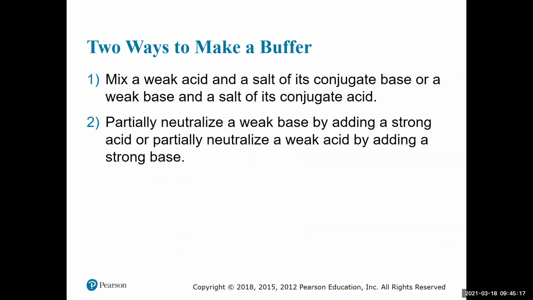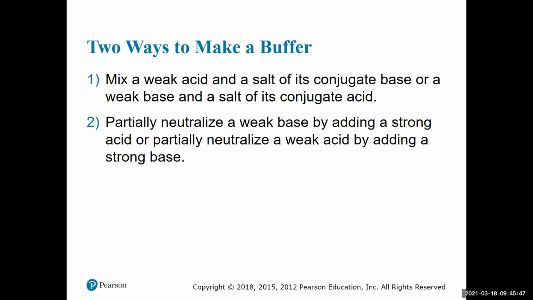There's two ways you can make a buffer. One is you can take a weak acid and then take the salt of its conjugate base. So in other words, using our acetic acid example again, you can take acetic acid, and then take some sodium acetate, have the acetic acid concentration and the sodium acetate concentration be about the same, and mix them together, and then you'll get a buffer.